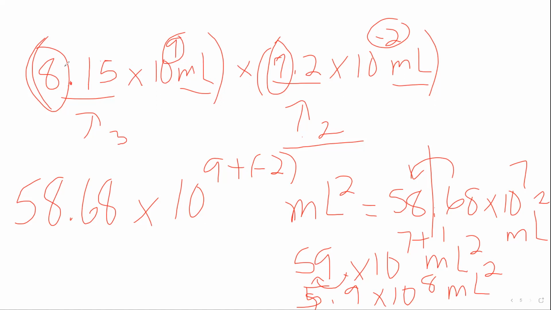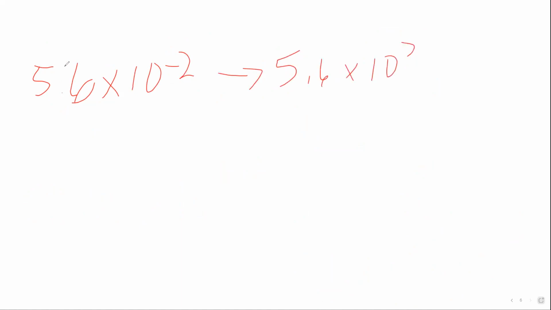Division is basically the same thing, but has one more added part that you have to do a reciprocal. A reciprocal of something is, let's say a reciprocal of 5.6 times 10 to the negative 2 is going to be equal to 5.6 times 10 to the second, but it's going to be over 1, right?